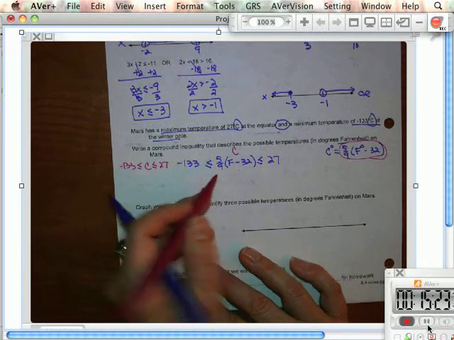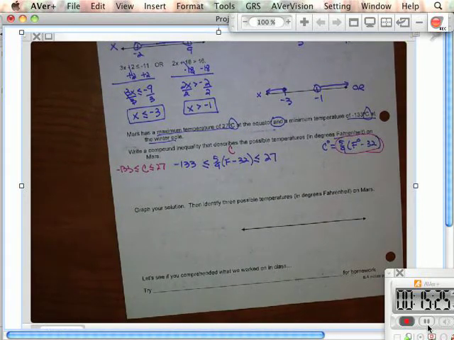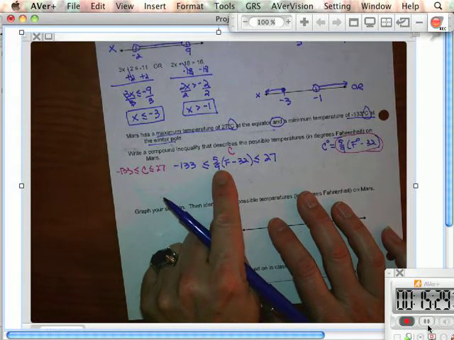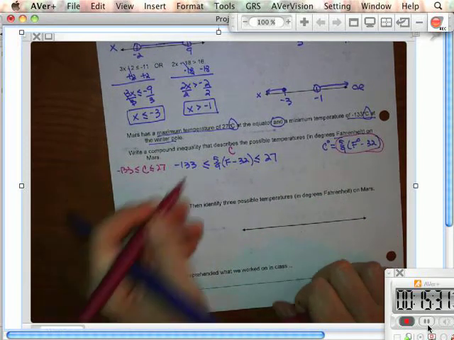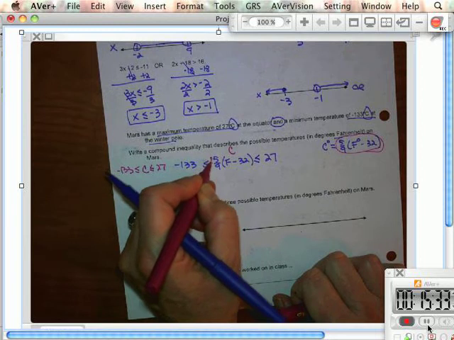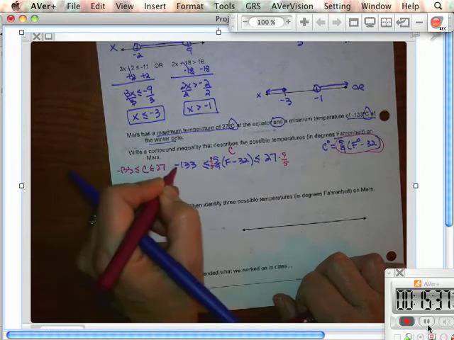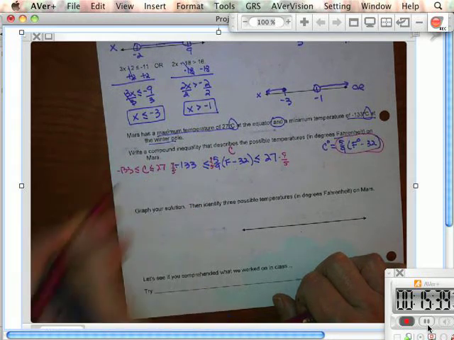All right, so then we have to solve for F here. So the first thing we have to get rid of is this 5/9. And to get rid of a fraction, remember, you multiply everything by 9/5. Oof, this is a yucky problem. But not really. We can do it.